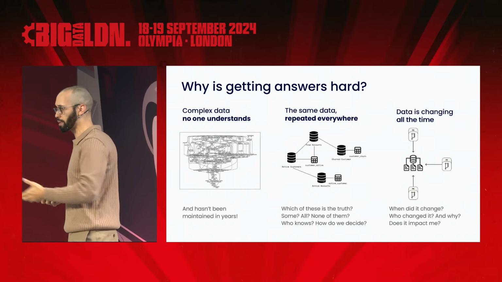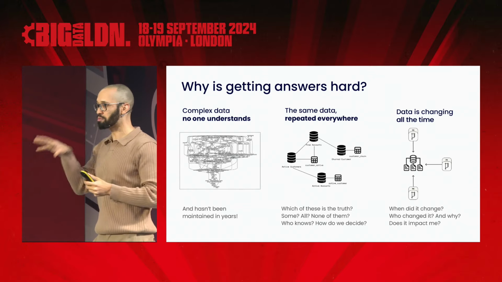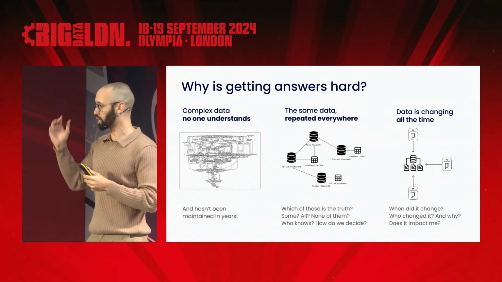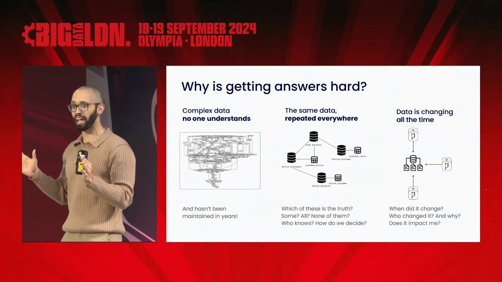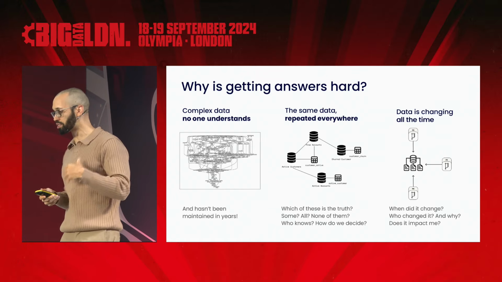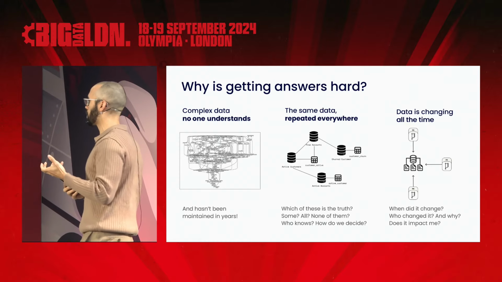It results in an enormous amount of duplication because the consumer doesn't really trust any particular data set created by anyone that's not them. So they'll just go and reinvent the wheel and say, okay, I've got a data asset that I trust, but I'm not going to take a dependency on someone else. And that problem is compounded by a lack of change management.